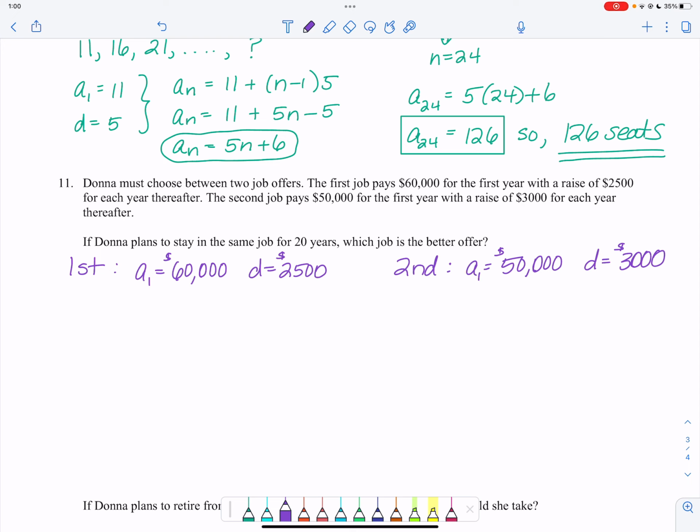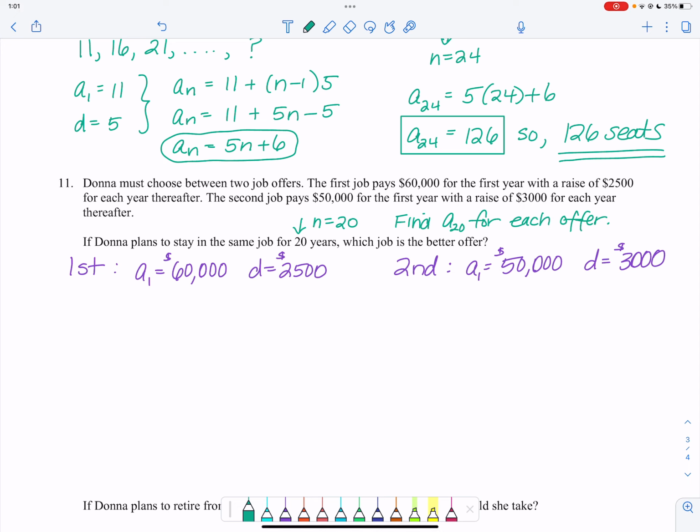Okay, so now they ask us, if Donna plans to stay at the same job for 20 years, so here we have n equal to 20, which job is the better offer? So we need to find a sub 20 for each offer.